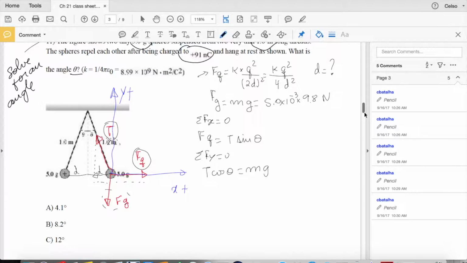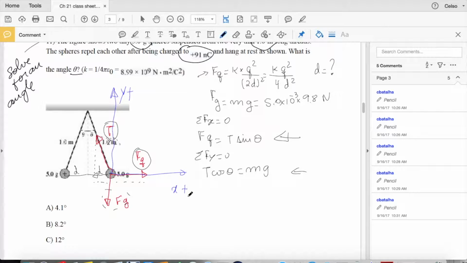Now we have to solve a system of two equations and unknowns. In fact, three unknowns: we don't know theta, we don't know T, we don't know d, but we can write sine and cosine as a function of d. So basically we have two equations and two unknowns, so technically we should be able to solve. We could eliminate one of the unknowns if we divide this equation by this equation.